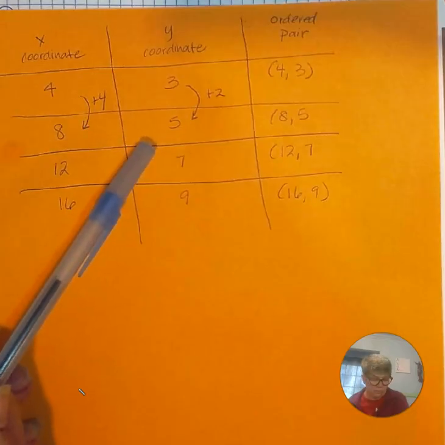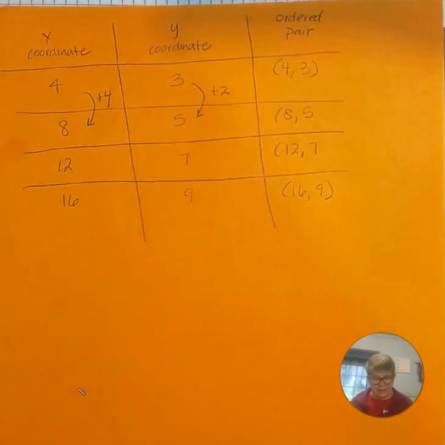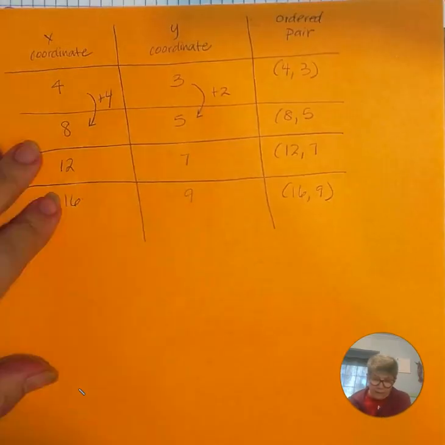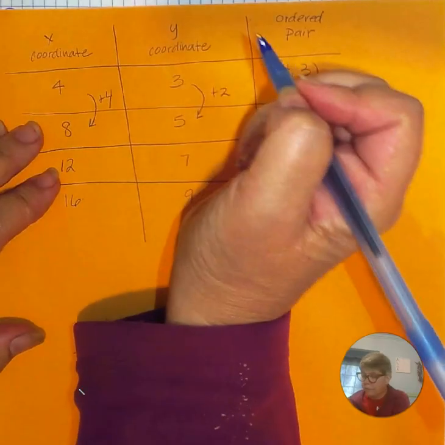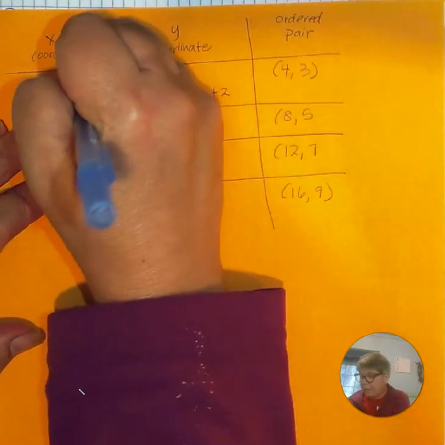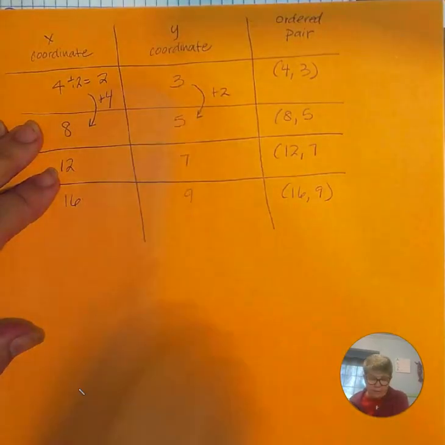No. The y coordinate is not 1/2 of the corresponding x coordinate, so there must be a second operation. Interesting, isn't it? Okay, so if we multiply by 1/2 or divide by 2, right? We can multiply by 1/2 or we can divide by 2. Divide by 2, okay?